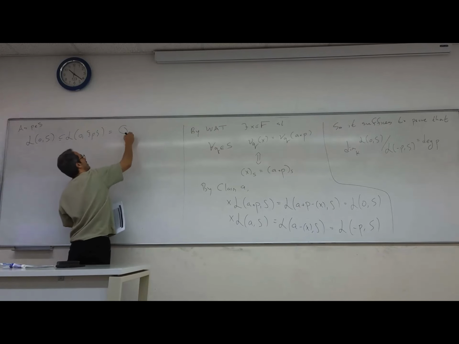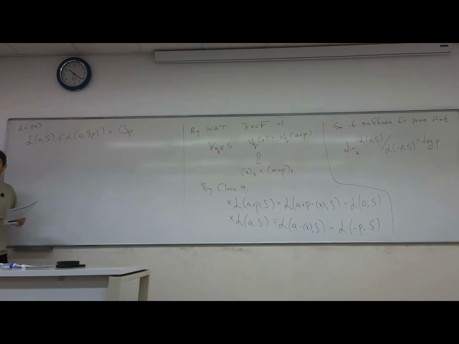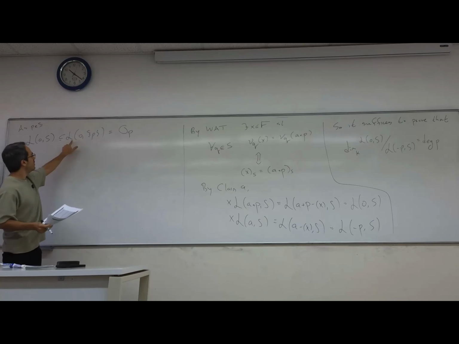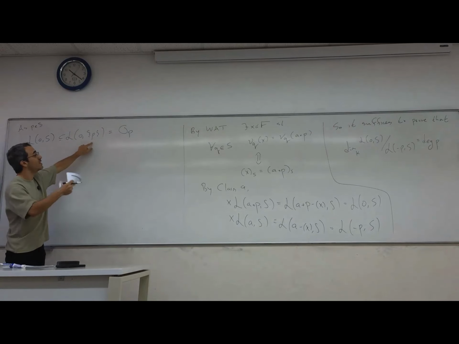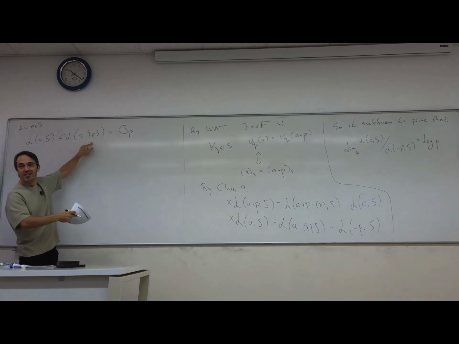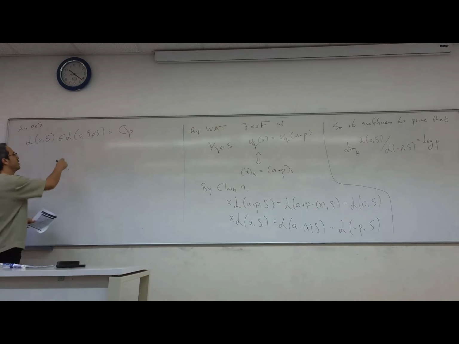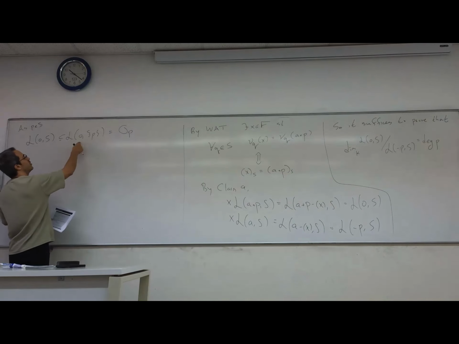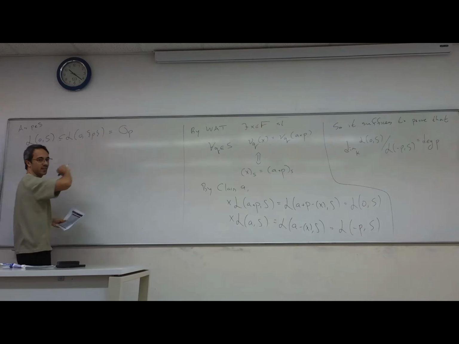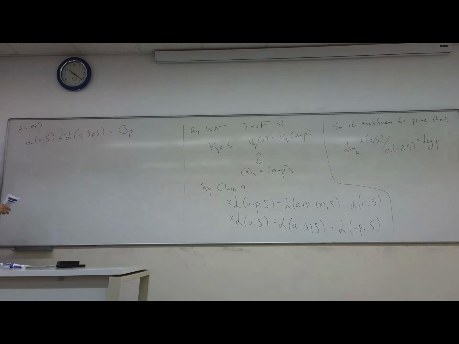Exactly, O_P, the valuation ring. L0 of P comma Q is the intersection of O_P and O_Q. But L of O_P is just all functions for which the valuation at P is at least 0. So that's exactly this, and no other requirements, because S is only P. Good, so we have that.